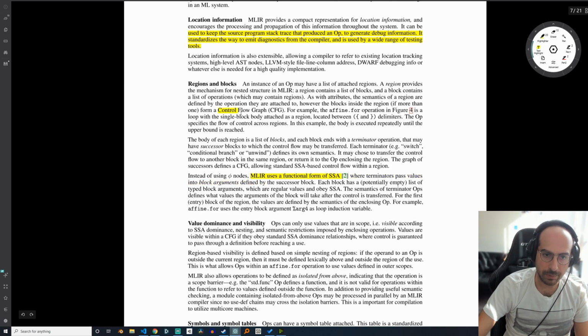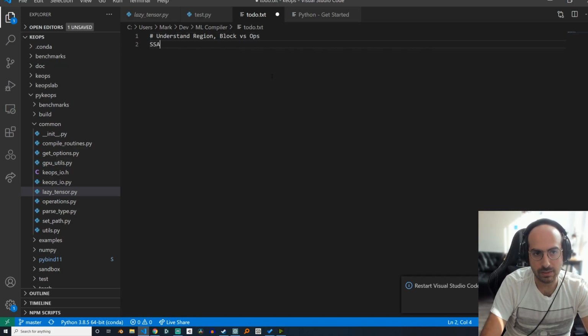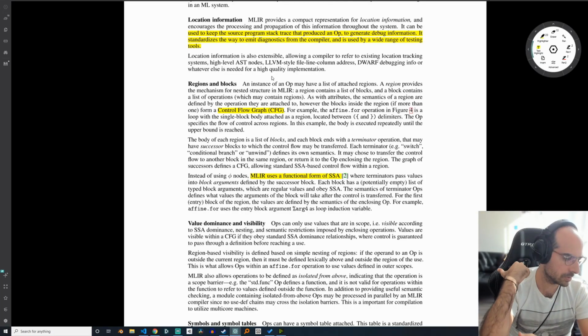Yeah, I think what's going to end up happening with this paper, like all the other ones, is there were 4 papers I wanted to discuss today. SSA, control flow graphs. I think control flow graphs are sort of like computational graphs, but for regular programs.